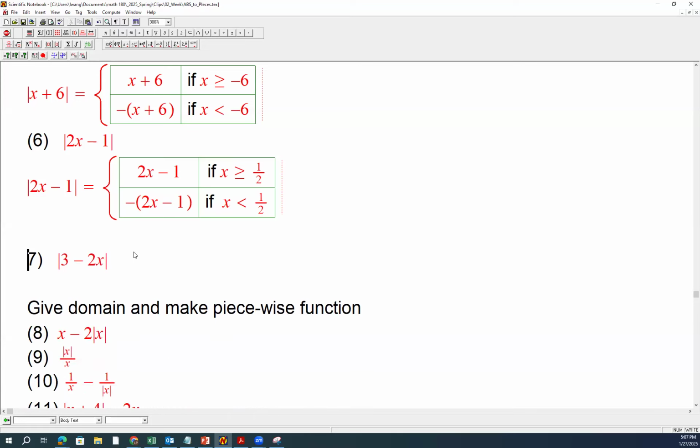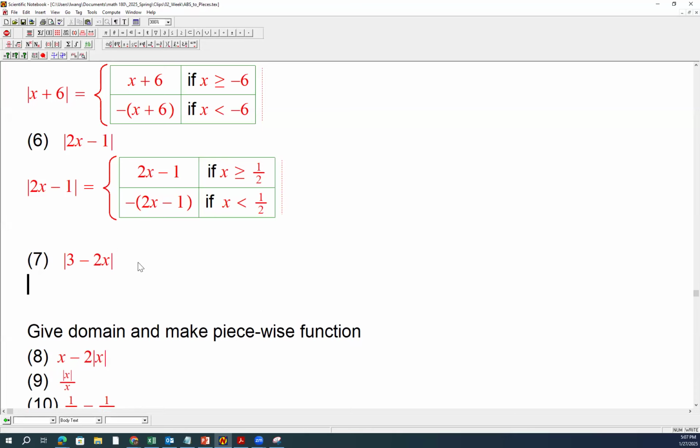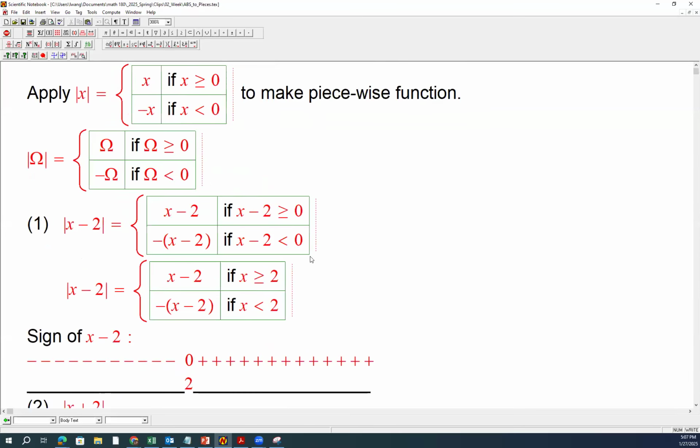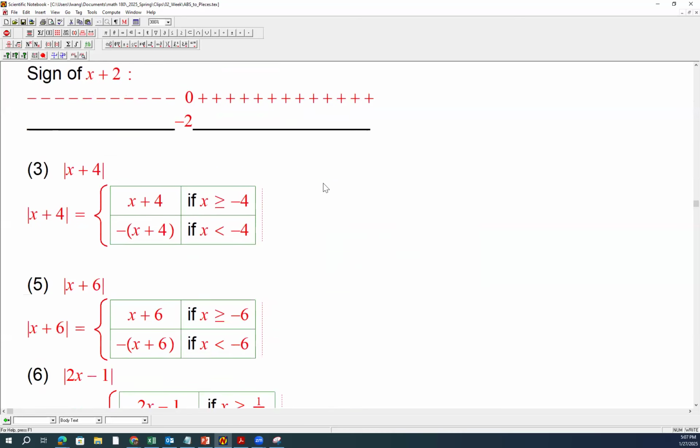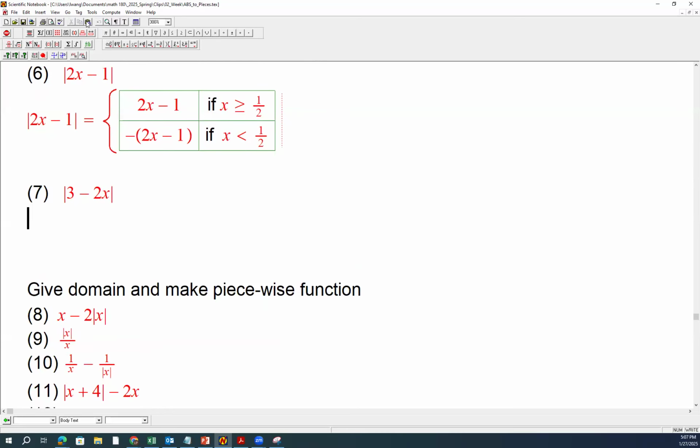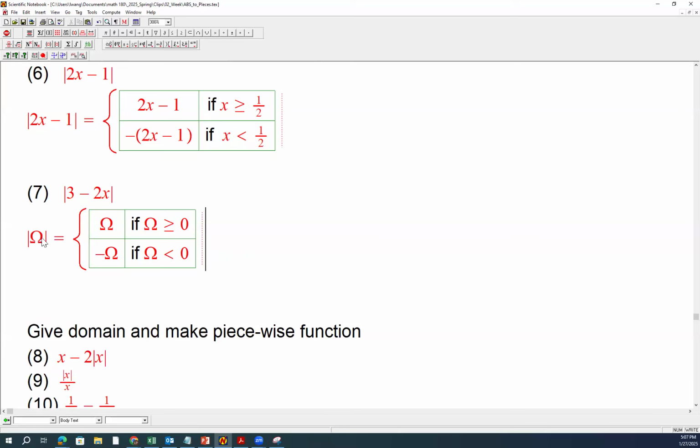Last, number 7 in this section. And we're going to see further applications of it. So I'm going to bring the omega with us. Now omega is 3 minus 2x.